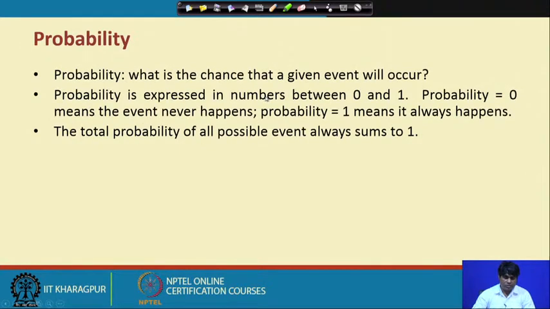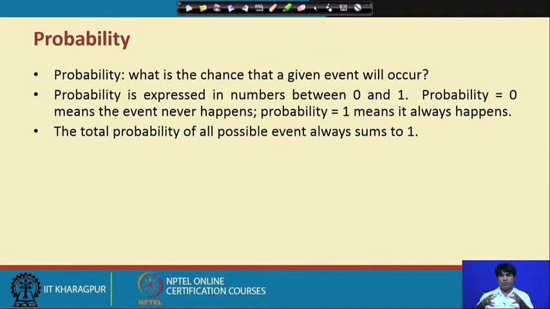And this is what probability is. As we have already discussed, it is the chance that a given event will occur, and usually the probability value will be between 0 and 1, and the sum of probabilities is exactly equal to 1.